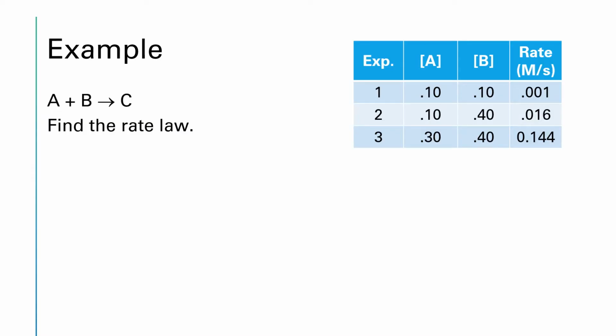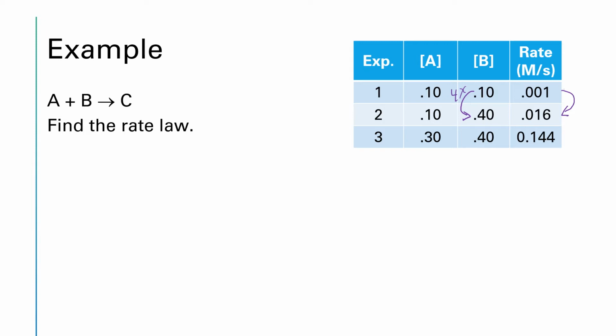In this example, the reaction is A plus B yields C, and we have 3 experimental runs. If we compare experiment 1 and experiment 2, you'll notice that A remains constant, but B has been multiplied by 4, right? We've gone from 0.1 to 0.4, and then the rate accordingly changes.